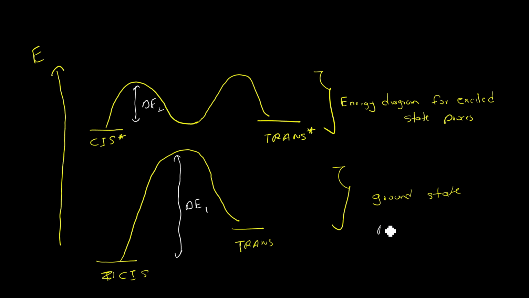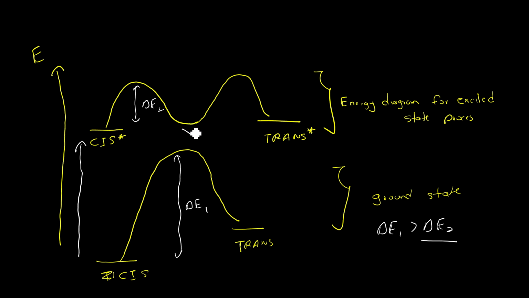You will see that delta E1 is much greater than delta E2. So when you try to do this isomerization in the ground state, you need to overcome this huge delta E1 energy barrier. But if you irradiate your molecule into the excited state using photochemistry, then you have delta E2, which is a smaller energy barrier, which goes through this reactive intermediate.